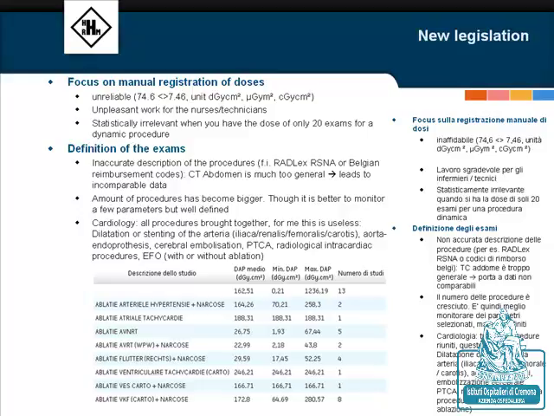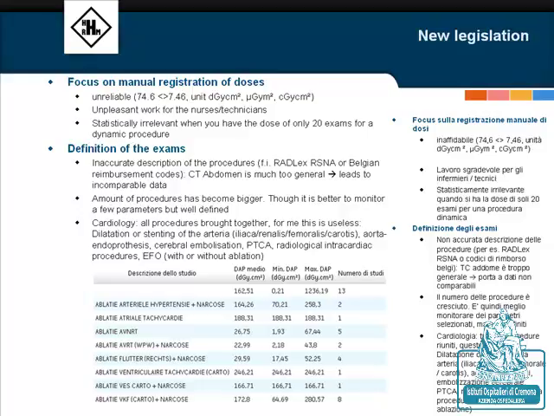It could be like the American RadLex from the RSNA, or I use the Belgian reimbursement codes, because that's a language everyone understands. That's money. Everyone understands euro. So the amount of procedures has also become bigger, though I think it's better to monitor a few parameters good and well defined.